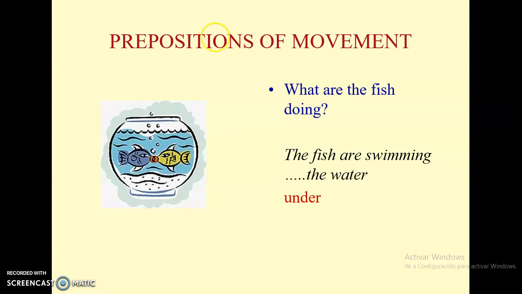In this case, we can also use under, right? For example, in UPTC, in Tunja, you have the possibility to walk on a little bridge for pedestrians, for people that are walking. But some people do not use that bridge. Some people go under the bridge, right?